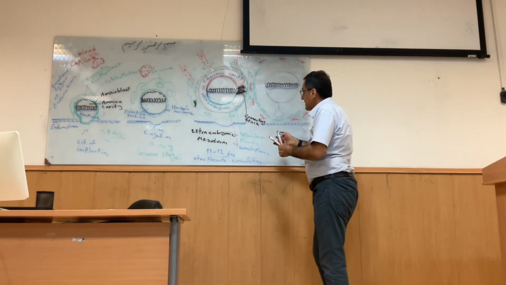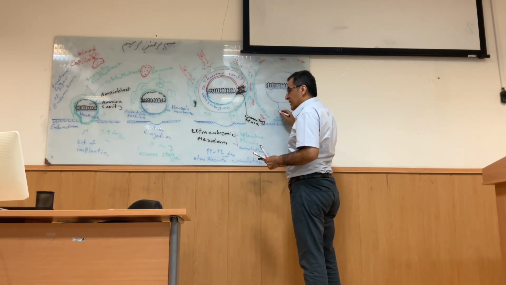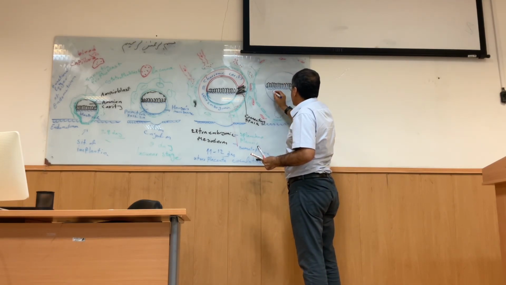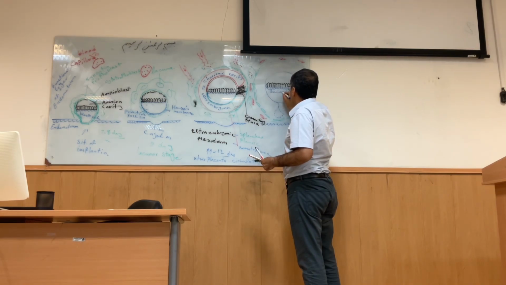And the first yolk sac degenerates, and the secondary or definitive yolk sac is established or produced.